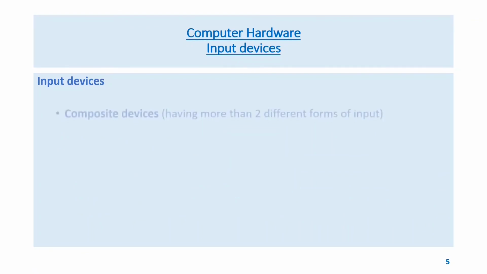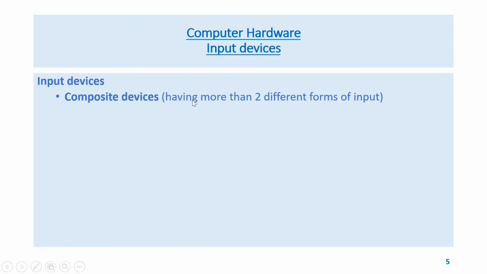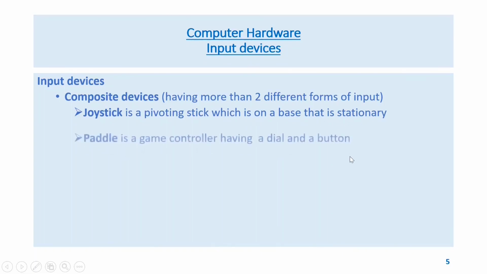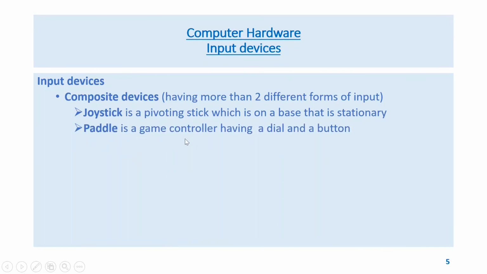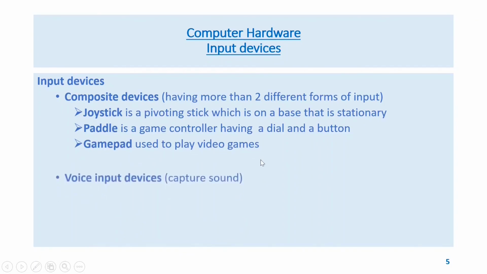Compound devices. Compound devices have more than two different forms of input. Example, joystick. Joystick is a pivoting stick on a base that is stationary. Paddle. Paddle is a game controller having a dial and a button. Gamepad. Gamepad is used to play video games.